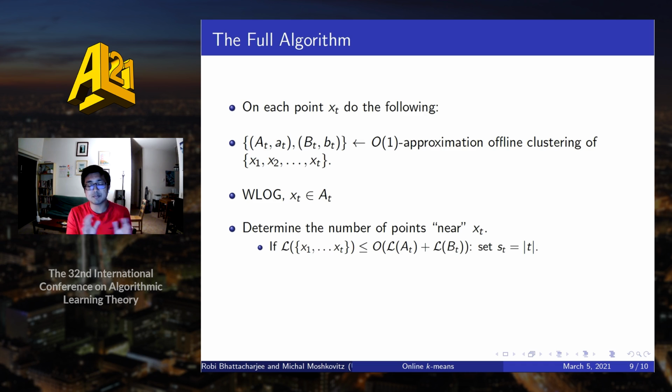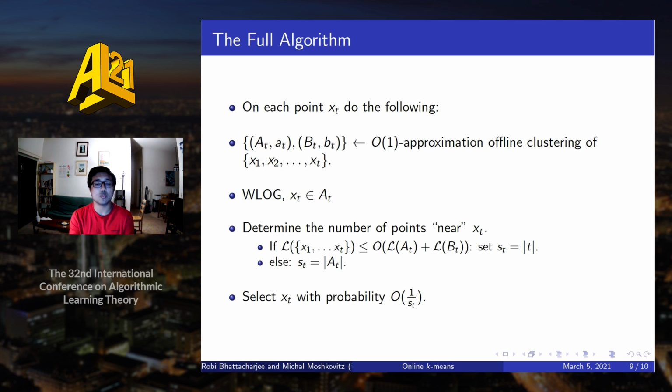If the loss of the points we've seen so far, loss meaning clustering them all in one cluster, is not too much larger than the loss of clustering into two clusters, then we set st, the number of points near xt, to be t. Otherwise, we set it to be at, the set of points clustered with xt. In either case, we select xt with probability 1 over st. St is sort of a proxy for t in the previous algorithm.